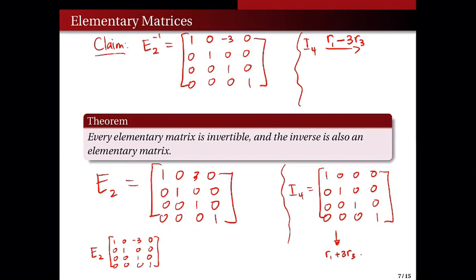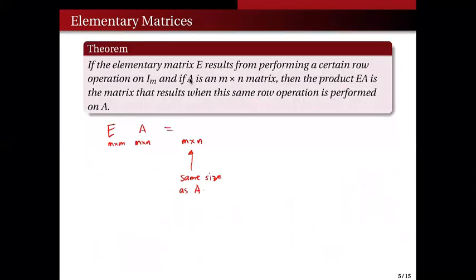So I am invoking this theorem here. If I know the operation applied to the identity matrix in order to get E, I'll just do the same row operation on A, and I will get the product EA.